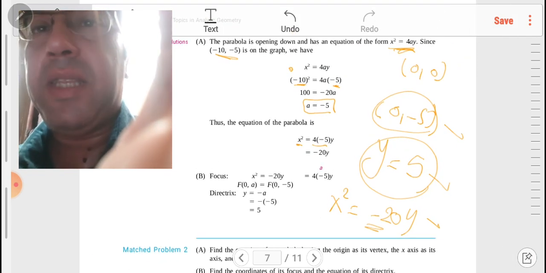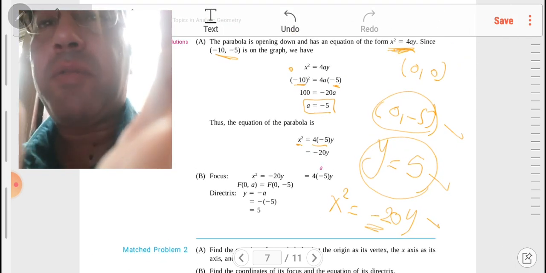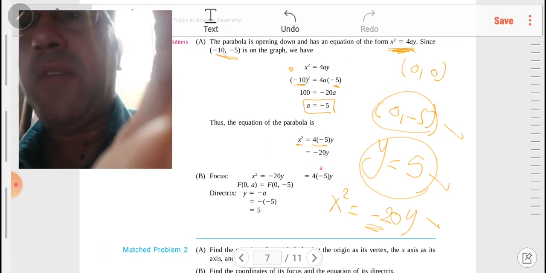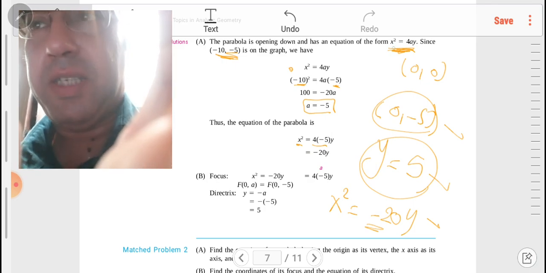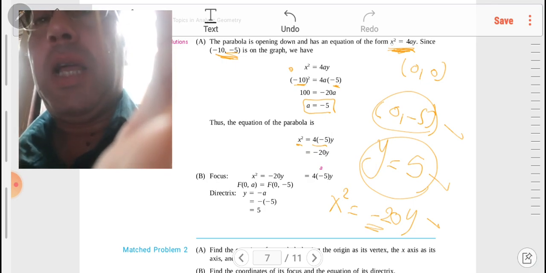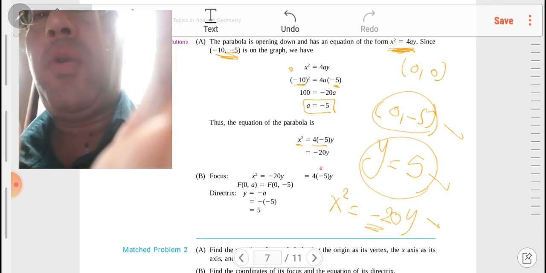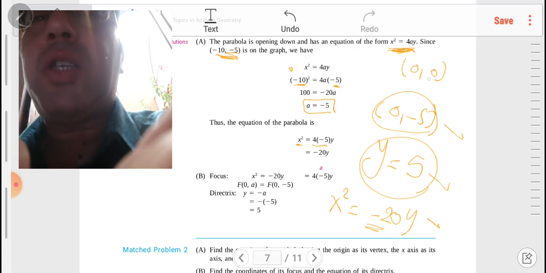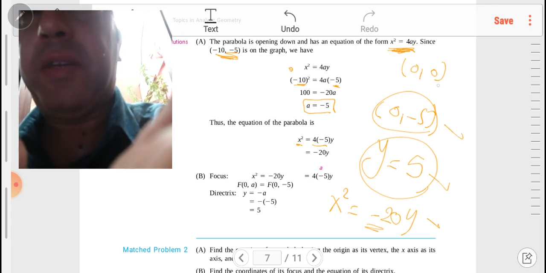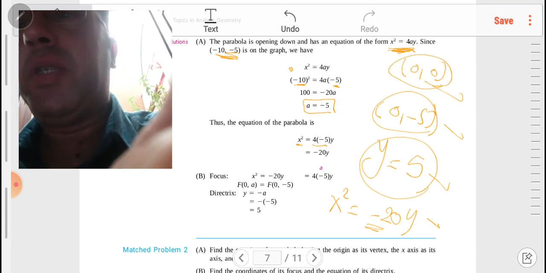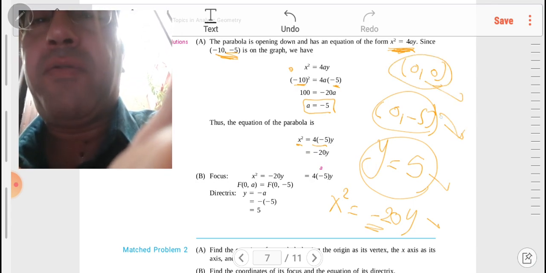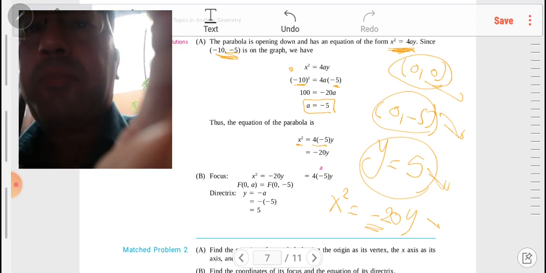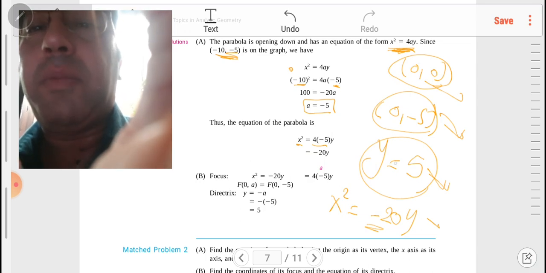Again, I know that the form of the equation is x squared equals 4ay, and we have a point here. First step, let's see what parts we have to obtain: first, the origin, which is the vertex; then the focus and the equation of the directrix. So how to determine all these?